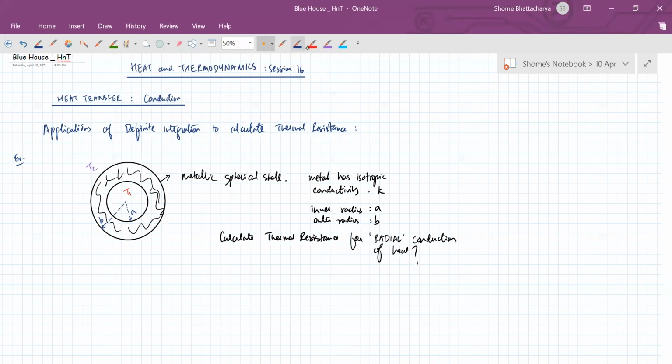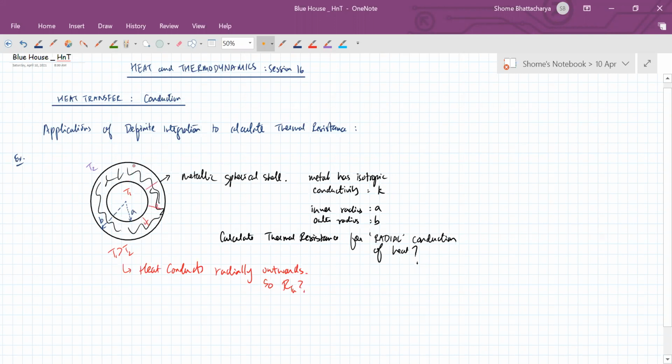Okay. So for example, here if T1 is greater than T2, that means heat conducts radially outwards. So in that situation, what will be the thermal resistance? That is what we have to calculate over here.